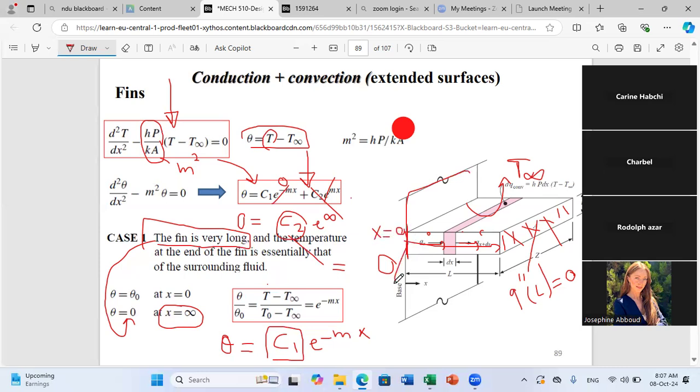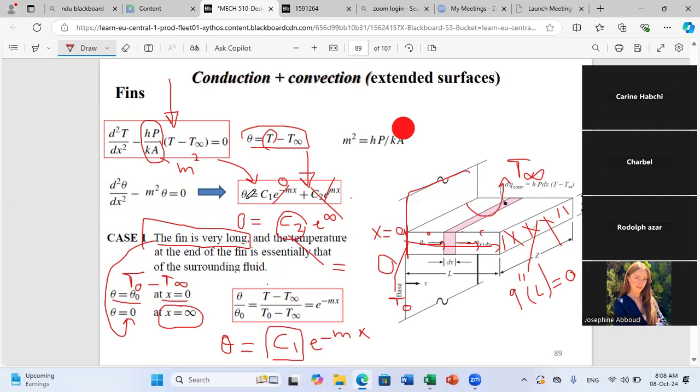So if I call this TB, or T0, then if I give you T0, you can say at x equals 0, I know what theta is. Theta is equal to T0 minus T infinity. And now I replace in my equation.